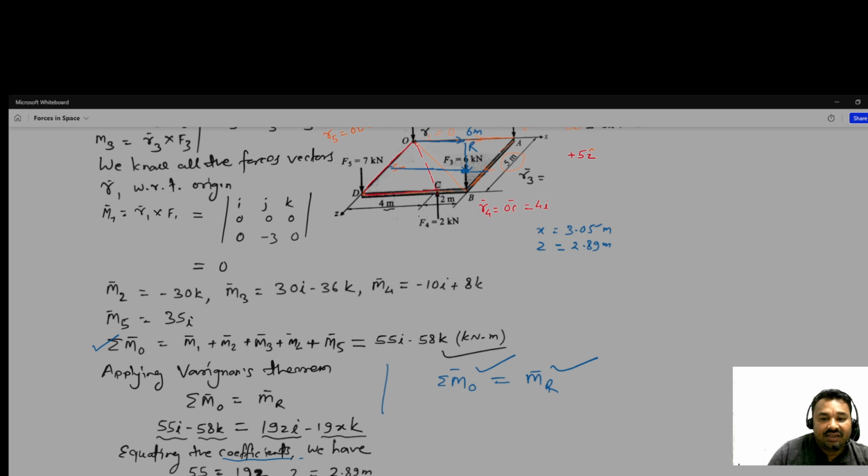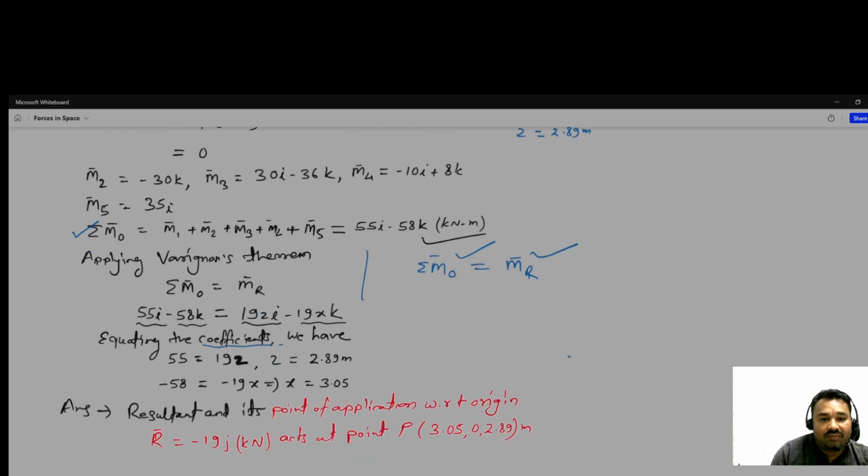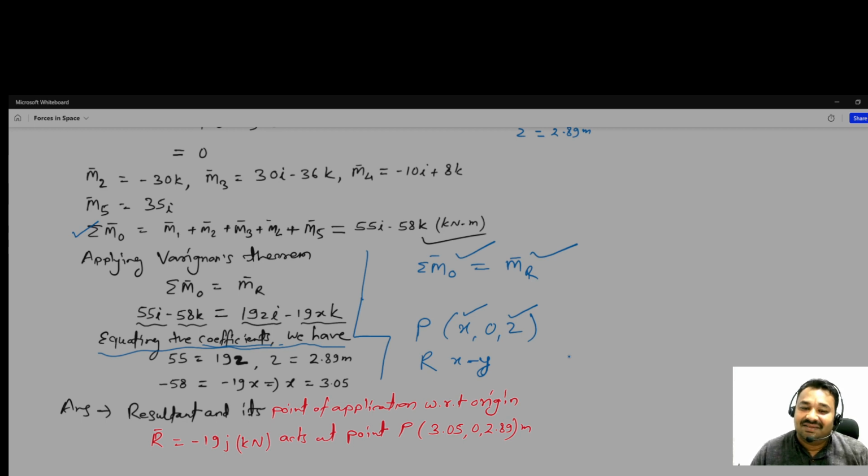So after this, now we came to know about the coordinates of P, x 0 and z. So where is R lying? In the xz plane. So how will this be known? By finding x and z. So by equating the coefficients, now we found out. So in this way we have done this. Thank you very much.